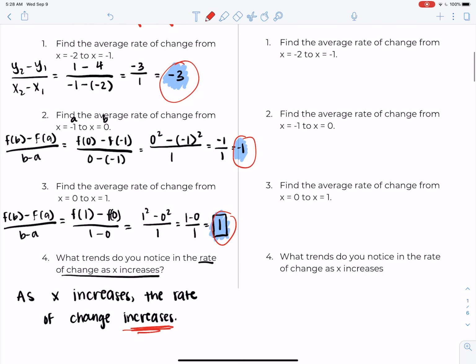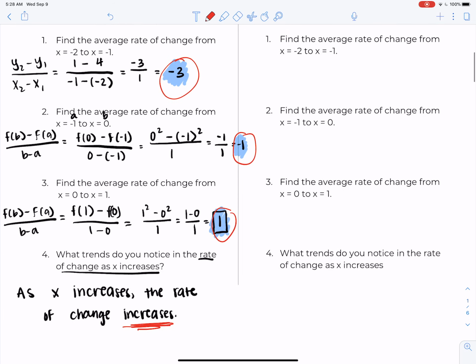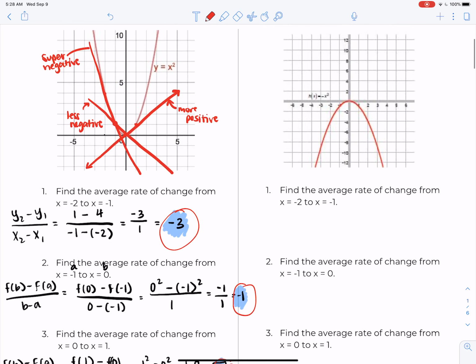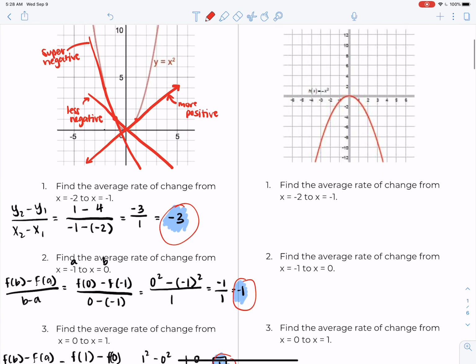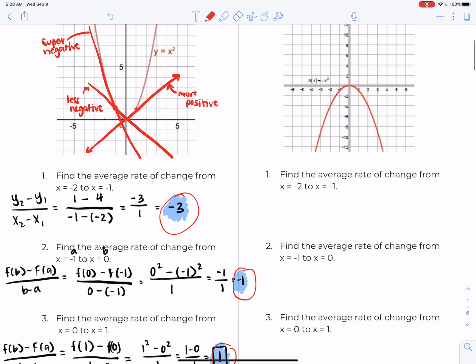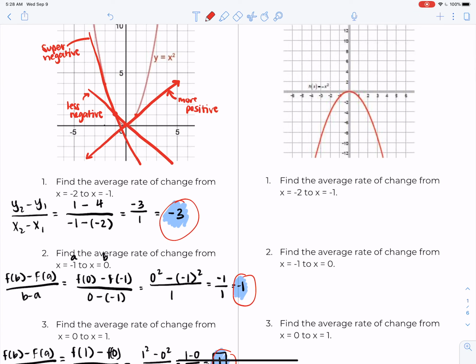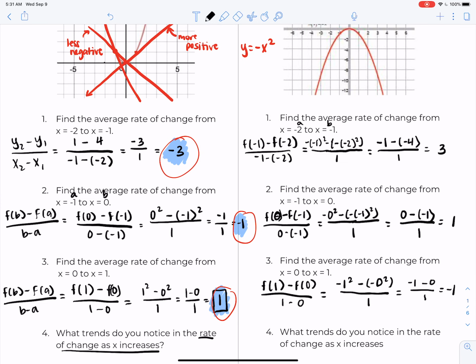Now, that is true for this function, but let's see if that's the same thing that's happening for the function on the right. I'm going to give you a moment to try to work out the rate of change here. This function is y equals negative x squared. So try to find these rates of change, and then I'll fill them in. And so now what we're seeing is kind of the exact opposite of what we're seeing on the other side.